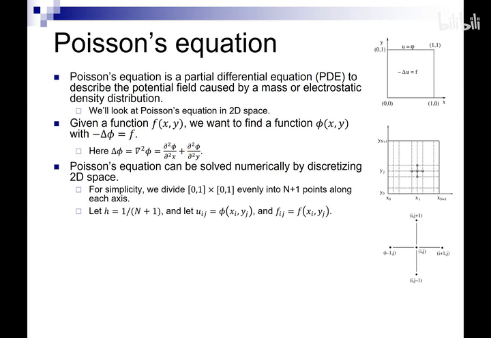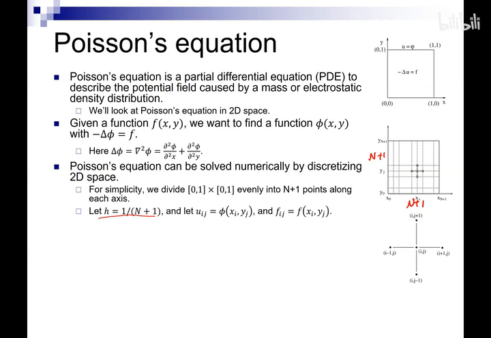The way we can do this is to discretize the space. Initially it's a continuous space, but we split it into an m plus 1 by m plus 1 grid. So there are m plus 1 points over here, and n plus 1 points over here, for some n. Then h is the size of each of these little squares, so h is 1 divided by n plus 1.